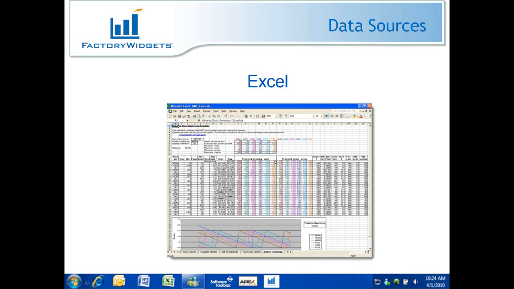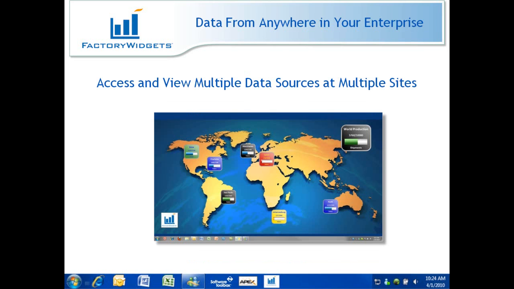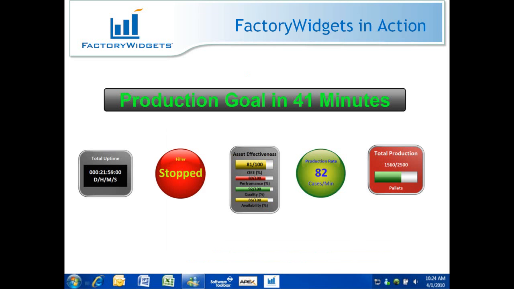And FactoryWidgets can even display information contained in Excel spreadsheets. With FactoryWidgets, you can access and view multiple data sources at multiple sites from any PC desktop in your enterprise. Let's take a look at the FactoryWidgets and learn about their functionality.